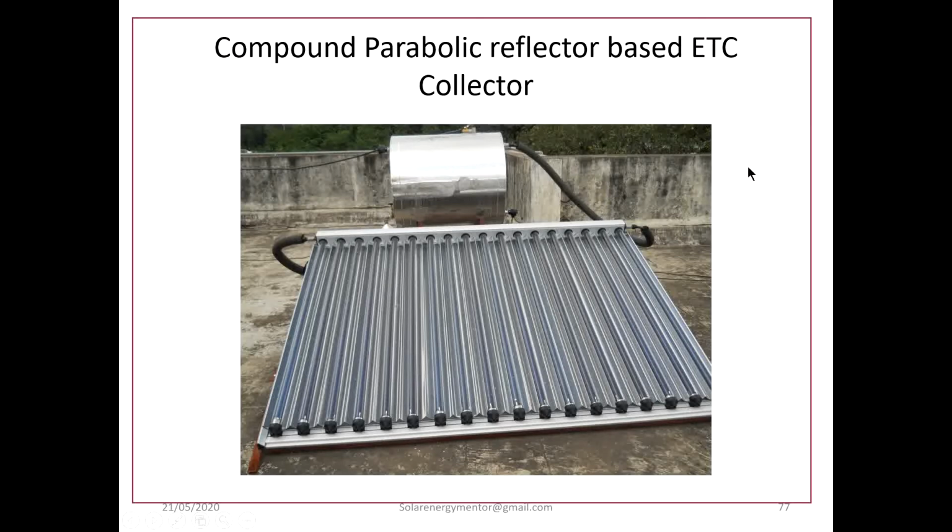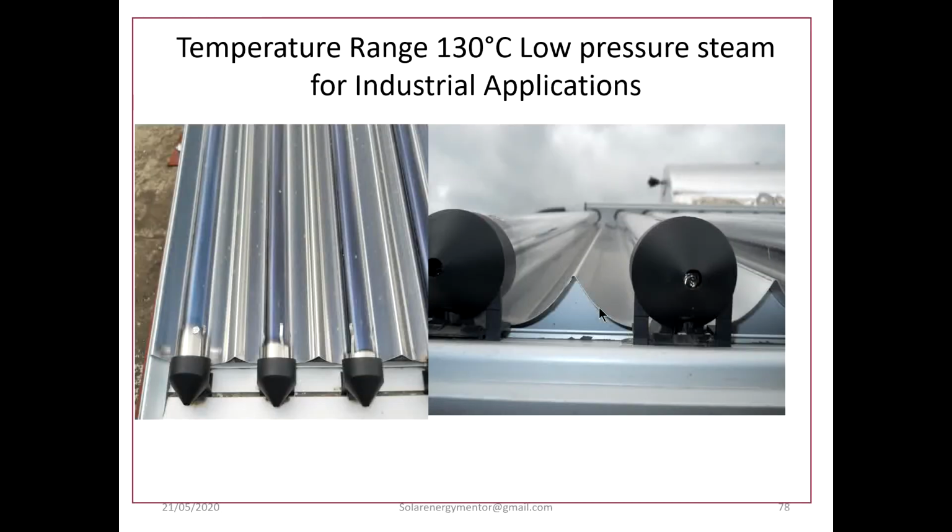Water is supplied from the other connection and circulated; it enters from this end and goes out from this end. The temperature attained by this type of collector is 130 degrees Celsius. The collector is so effective that it generated low pressure steam in about 1 hour, so it is very suitable for industrial application.